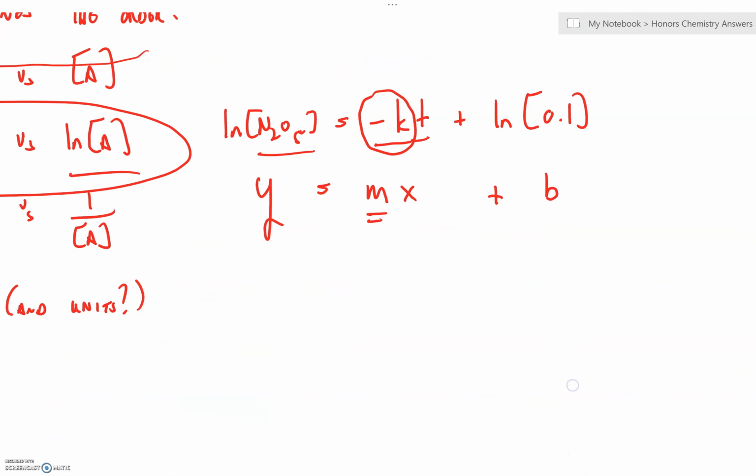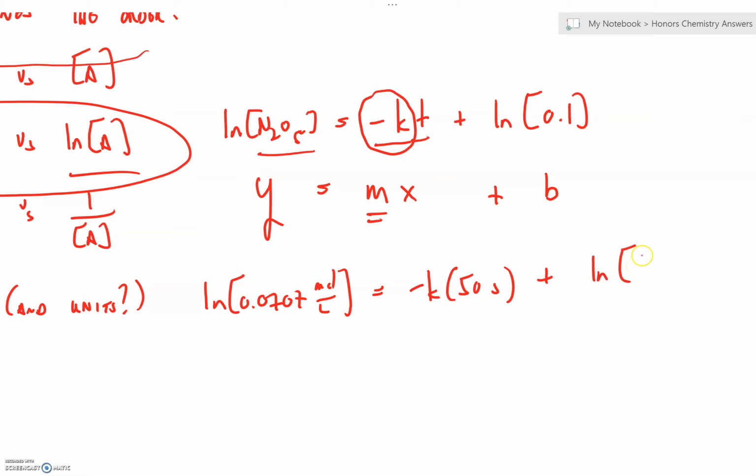So let's say I wanted to solve for K. I'm going to take the natural log of 0.0707. Of course, that's the concentration in moles per liter. We're trying to solve for K. We picked a time of 50 seconds plus the natural log of the concentration at time 0.